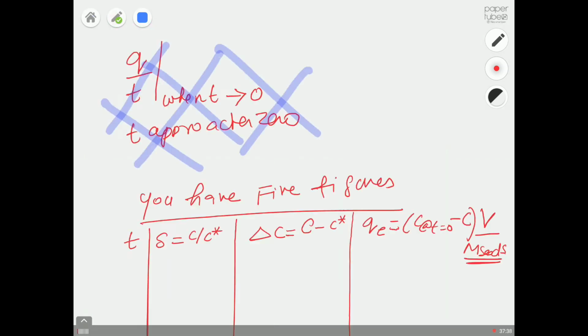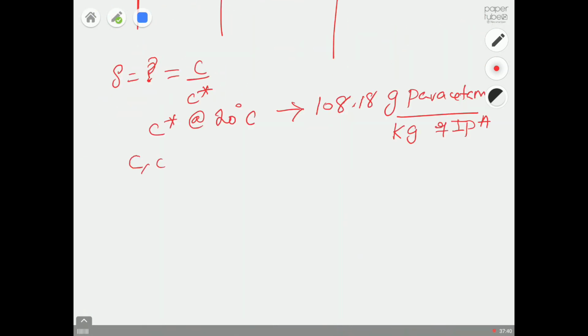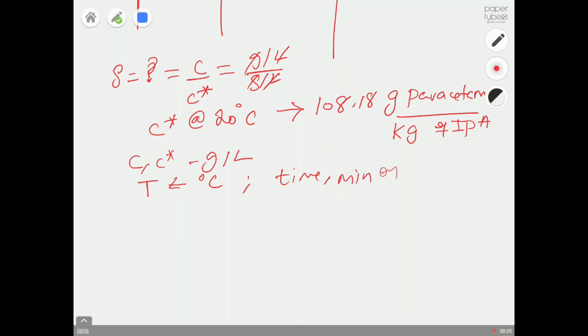You should express concentration in terms of grams per liter. Supersaturation ratio has no units, because C by C star is grams per liter divided by grams per liter, so all the units get cancelled. Your temperature should be expressed in degrees centigrade, and time in minutes. Minutes or seconds, whatever you like.